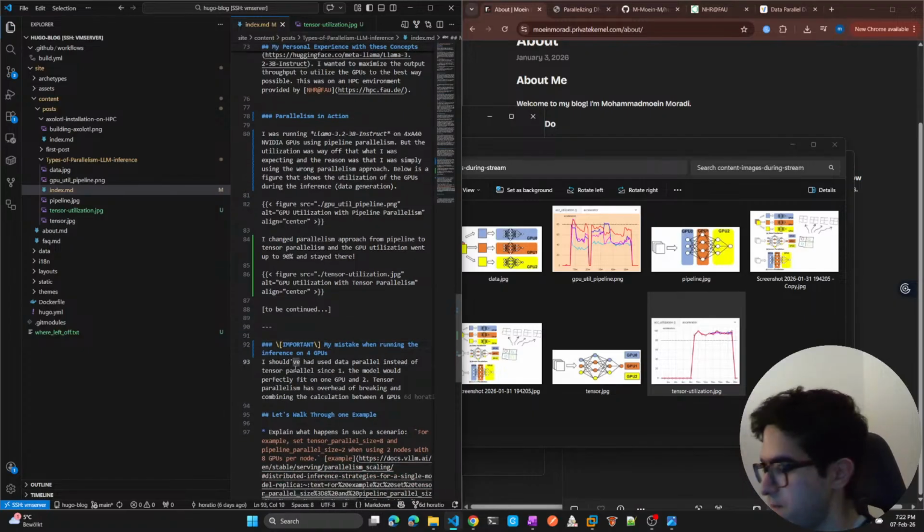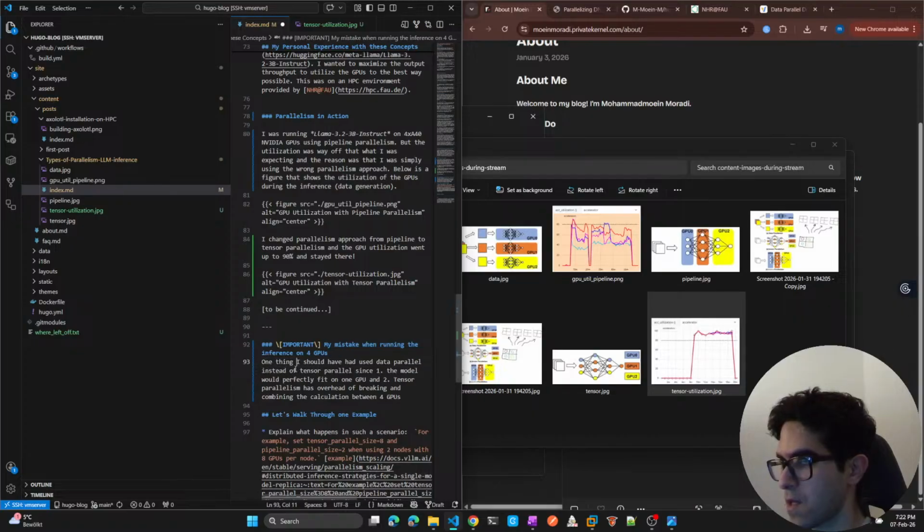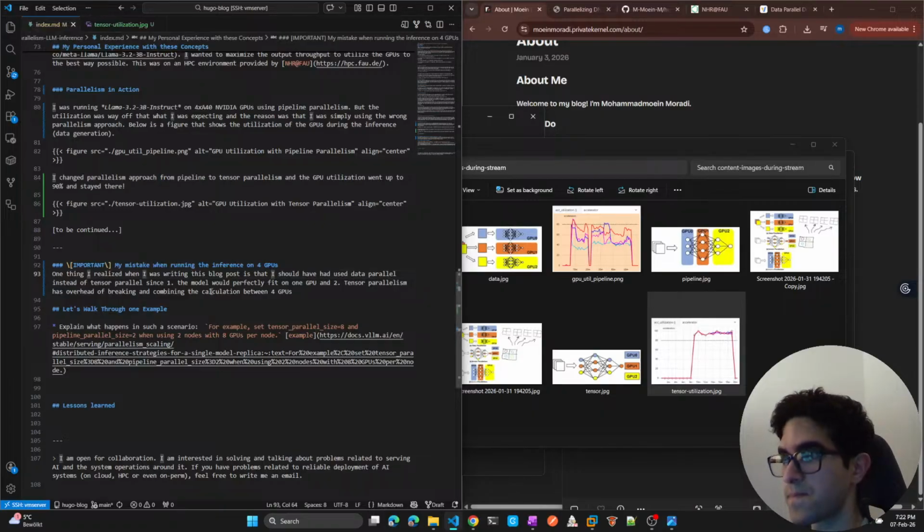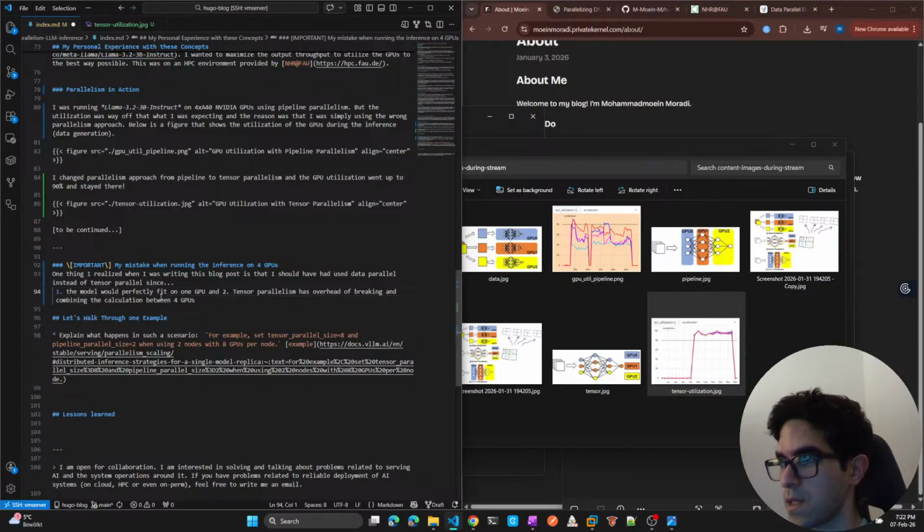One thing I realized when I was writing this blog post is that I should have used data parallelism instead of tensor parallelism, since the model would perfectly fit on one GPU.